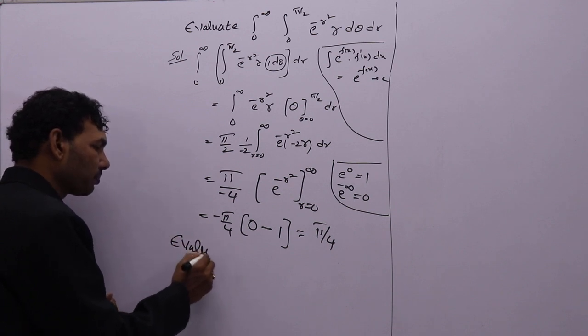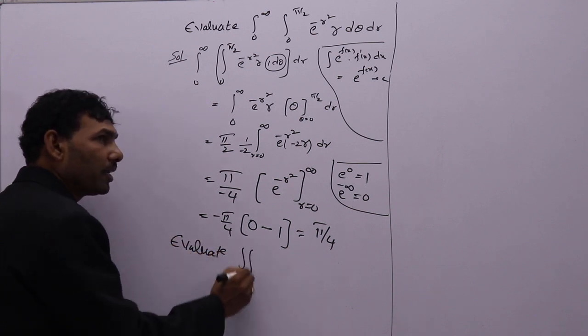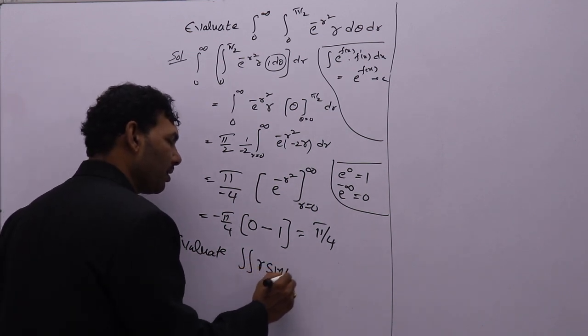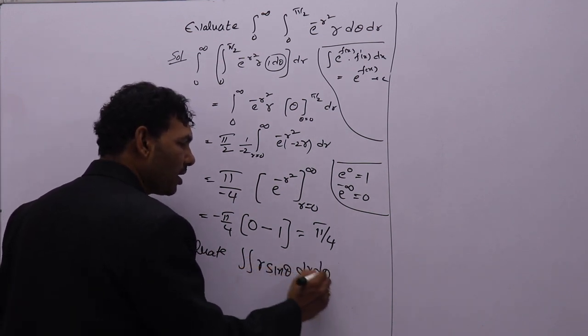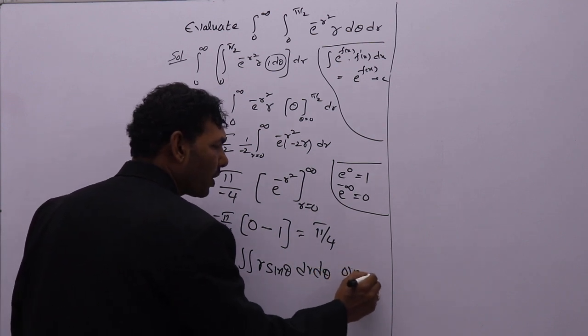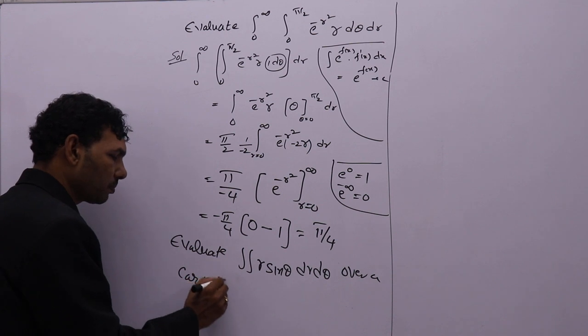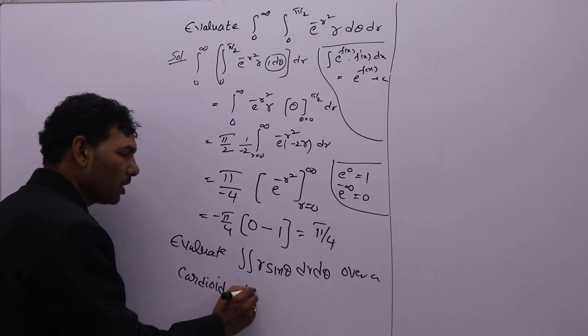Evaluate the double integral r sin theta dr d theta over a cardioid above the initial line.